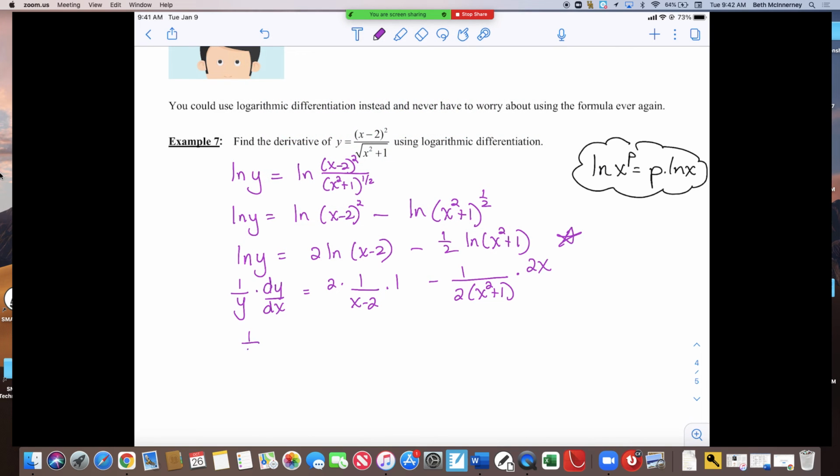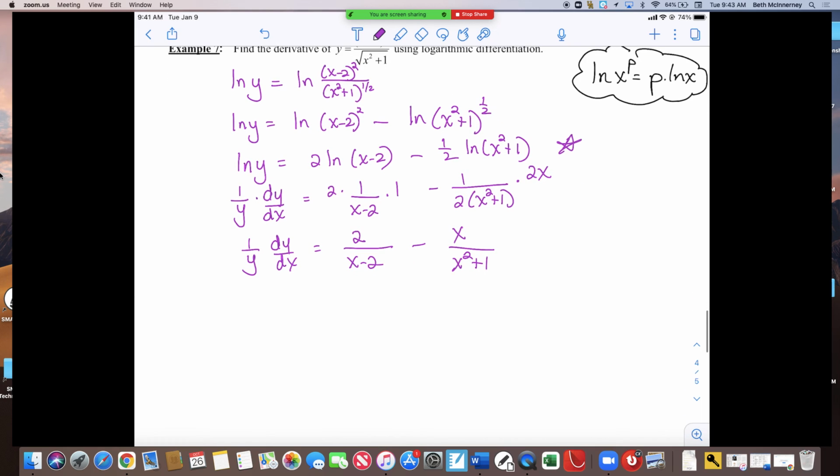Okay. So then I have 1 over y, dy dx. Let's tidy this up. Then I need to multiply by y to get dy dx alone.